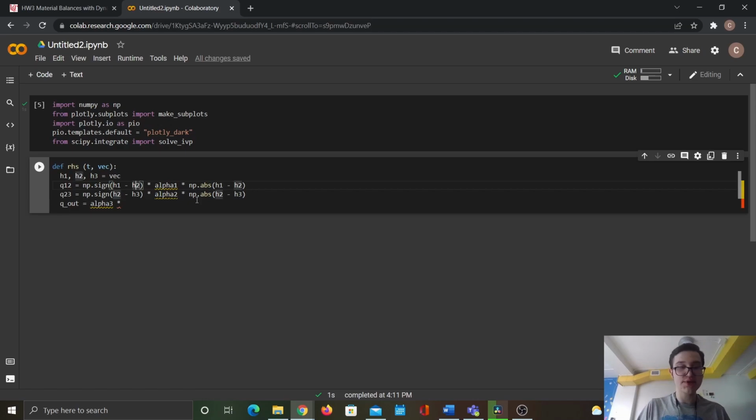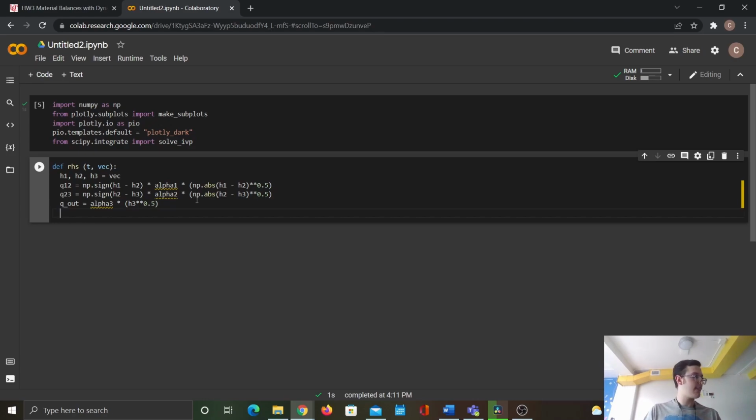Ooh, I forgot the one-half, I forgot to square root these, so not multiplied by, but to the power of 0.5. And then same thing here, to the power of 0.5, close the parentheses, good. Okay, now that we have that fixed, Q out is the proportionality constant of tank 3 times the height of the liquid in tank 3 to the power of 0.5.